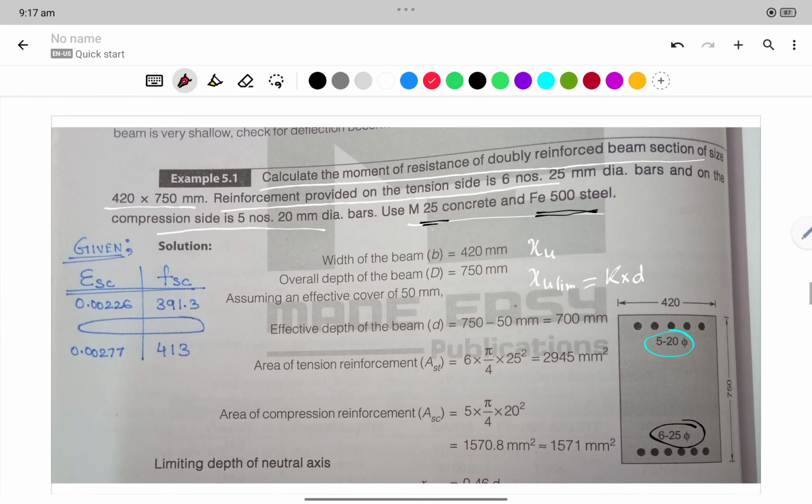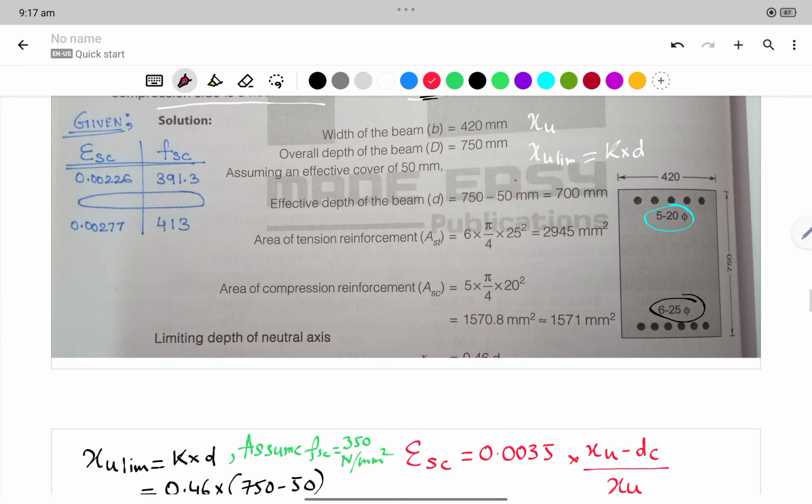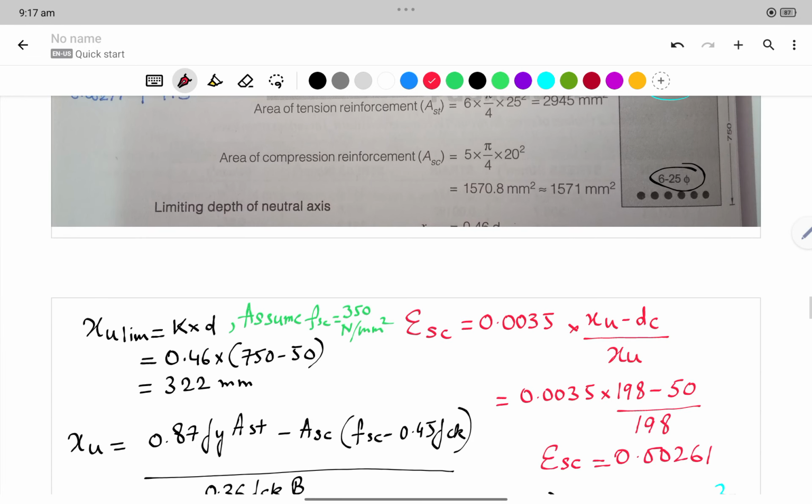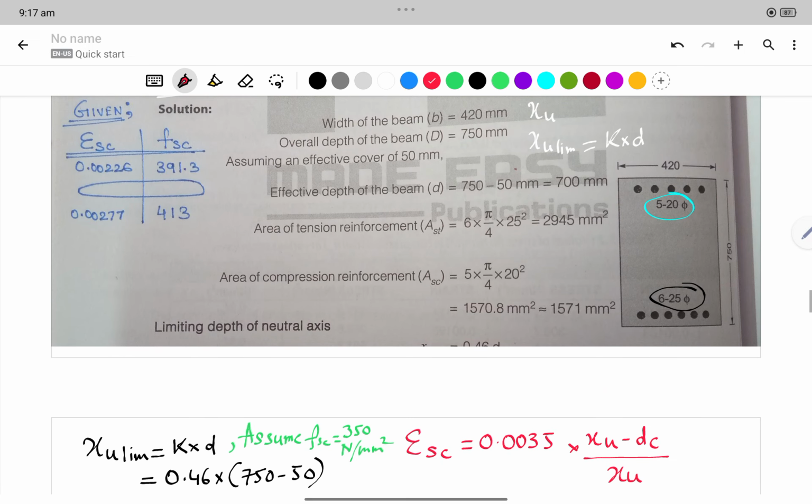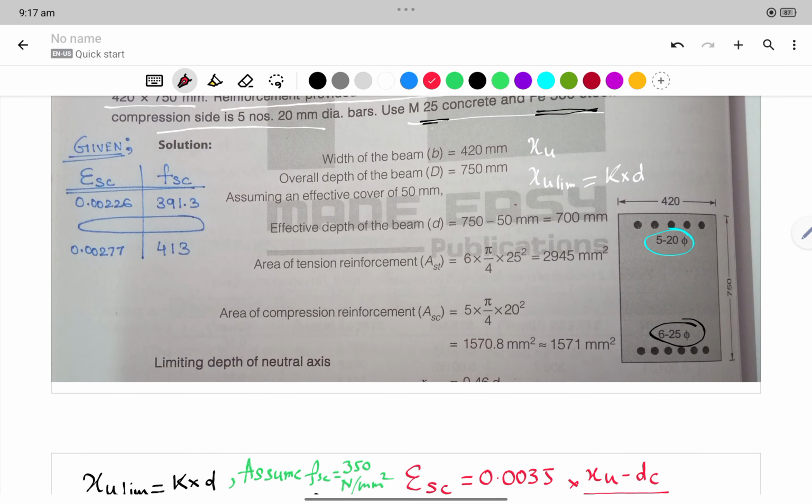So how we will calculate? See, 0.00261. So this value lies between these two.